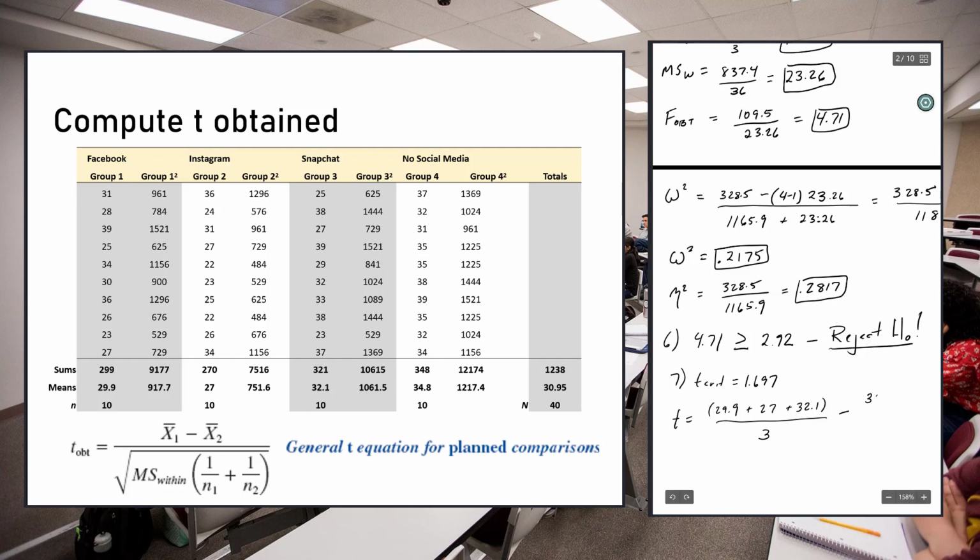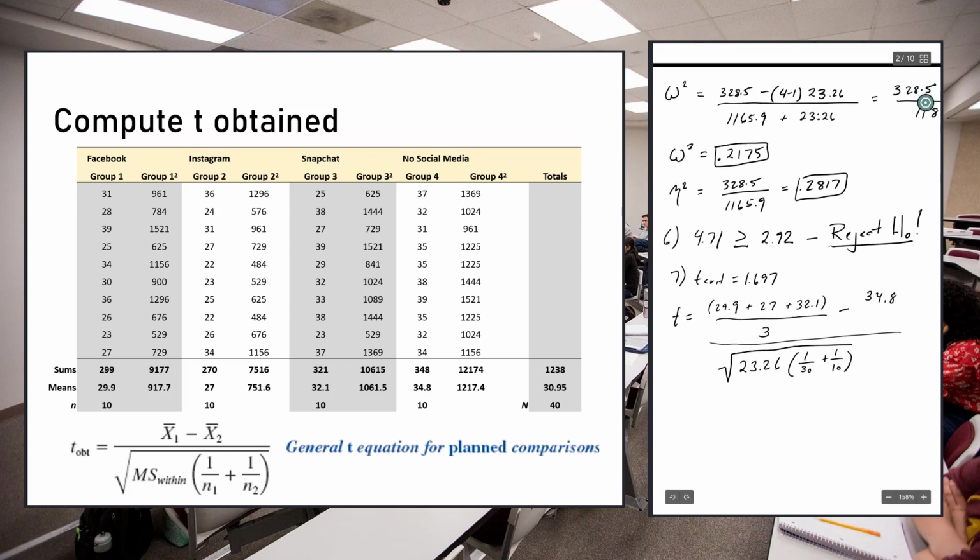So it's 34.8. And then all of this is then divided by the square root of mean square within, 23.26, times 1 over the sample size of group 1, which was 30 because there's 3 groups, plus 1 over 10.